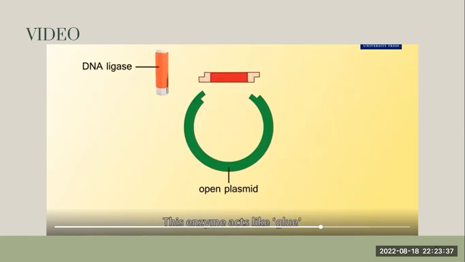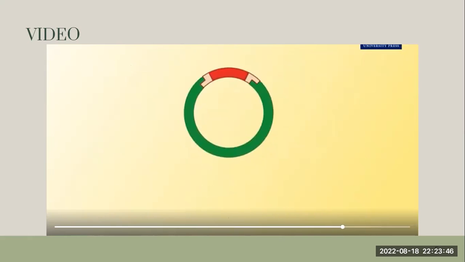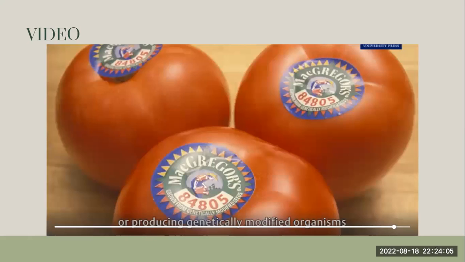This enzyme acts like glue. It catalyzes the joining of the DNA fragment and the plasmid. A recombinant plasmid is finally formed. This recombinant plasmid can then be introduced into a host cell for different purposes, such as producing proteins of other species like human insulin, or producing genetically modified organisms that possess new characteristics.